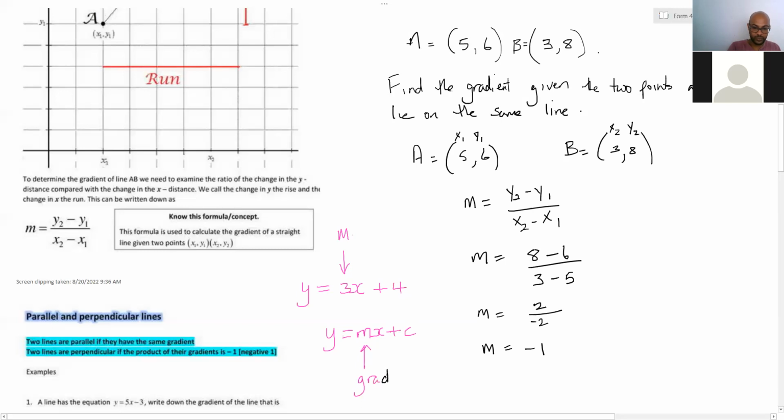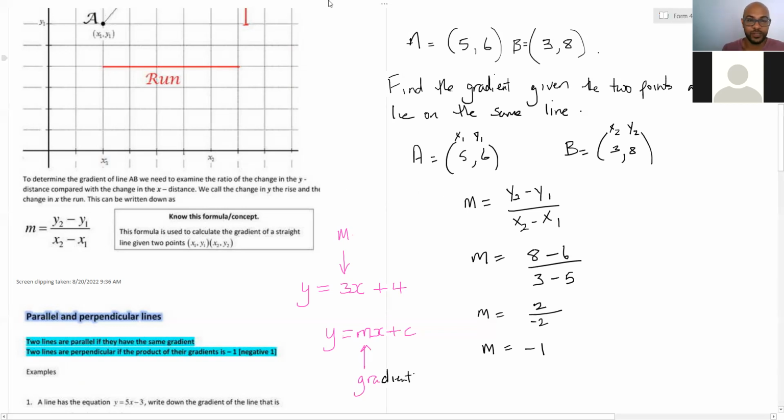So those are the two ways we can identify the gradient for a straight line. Either we are calculating it, and we must have 2 points on that line, or we have the equation of the line and we must write it in the form y is equal to mx plus c, and we are looking for the number, or the coefficient of x, in order to determine what that gradient is.